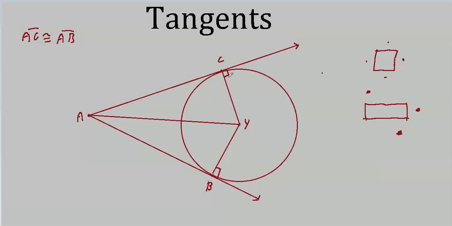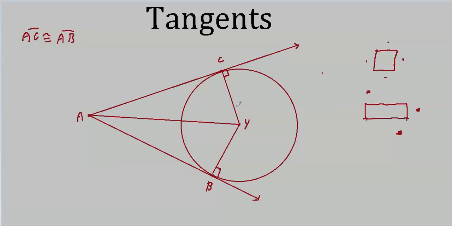For instance, in this case, we have our hypotenuse leg theorem. CY and BY have to be congruent because they're both radii. They're both a radius of the circle.